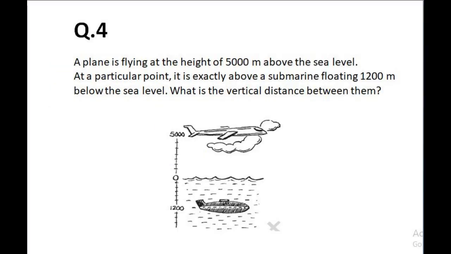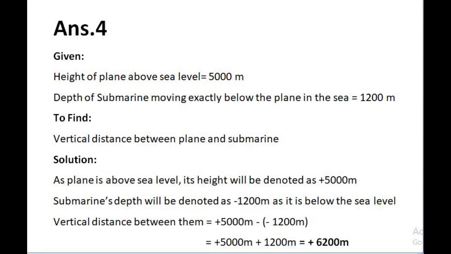Now we will proceed with question number 4. A plane is flying at the height of 5000 meters above the sea level. At a particular point, it is exactly above a submarine floating 1200 meters below the sea level. What is the vertical distance between them? So in the answer part, what we have to write is given, to find and solution.